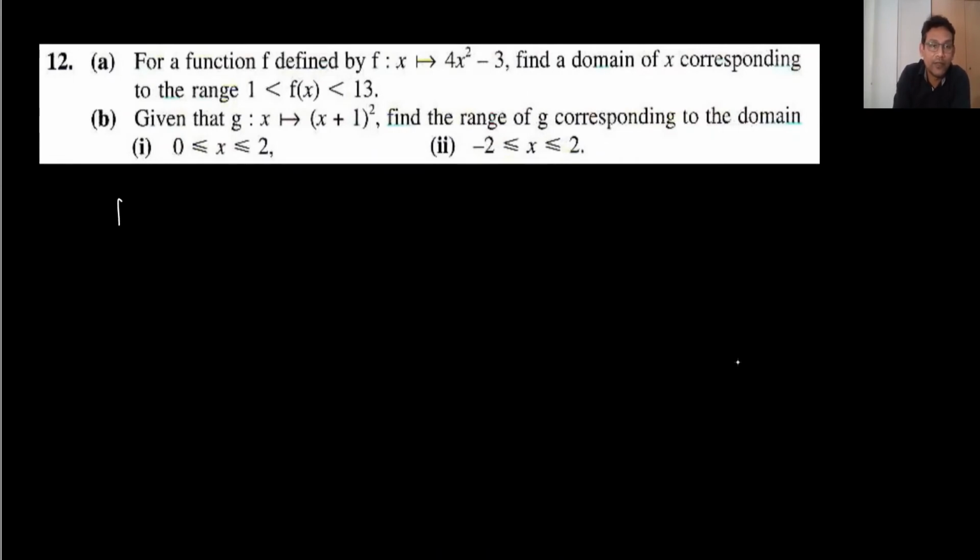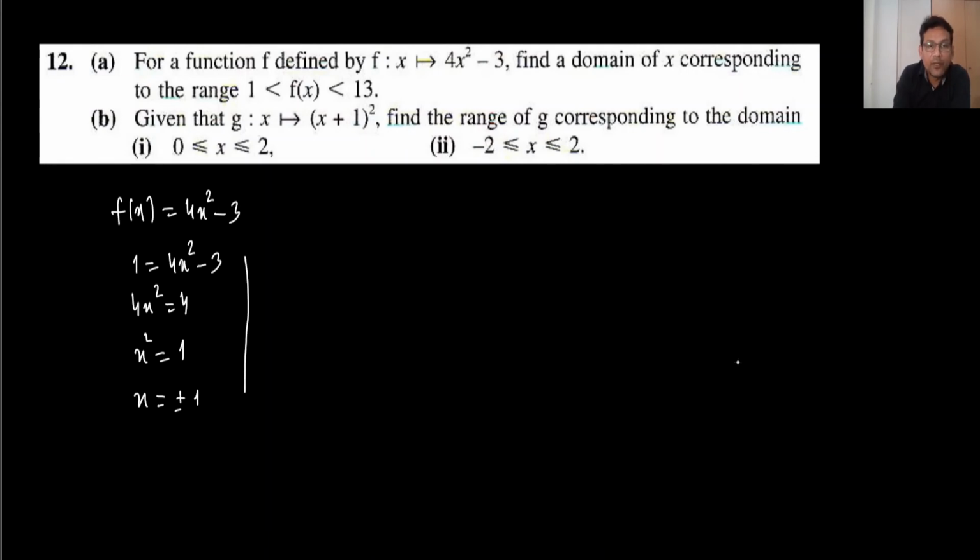Question number 12, f(x). Find the domain. The range is given here. Let's see: when we write 1 equals 4x squared minus 3, x is coming plus minus 1.